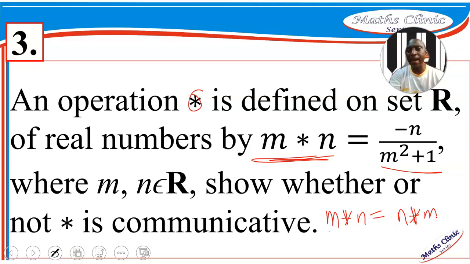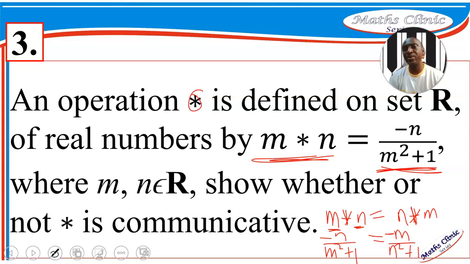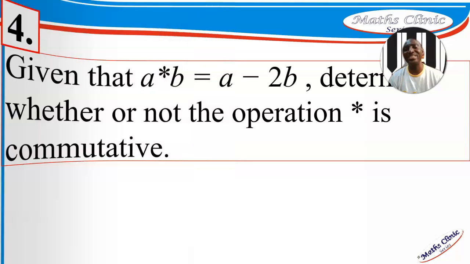And so when I put M and N into this as the equation has given me, which of course is going to be negative N over M squared plus 1, if it is equal to this, this time around the M will come first over N squared plus 1. Would the left hand side be the same as the right hand side? I will leave that for you to decide, to tell whether it is commutative or not. Right. It is not commutative, right? The answer has even come here.